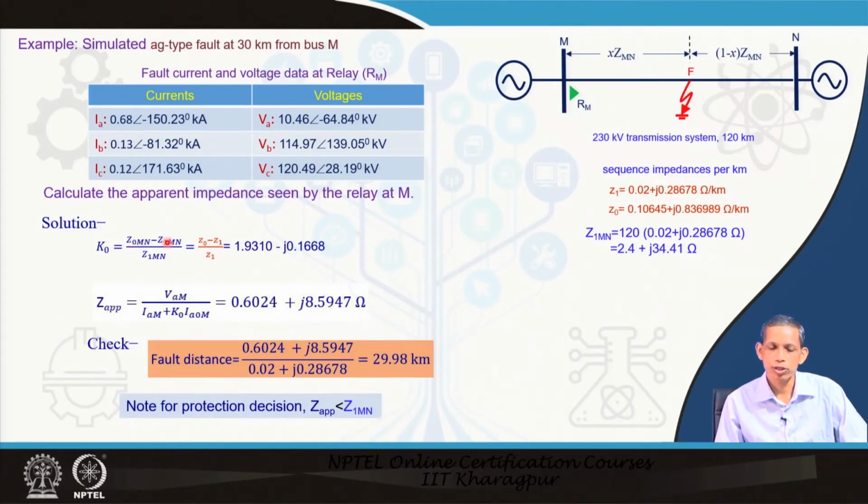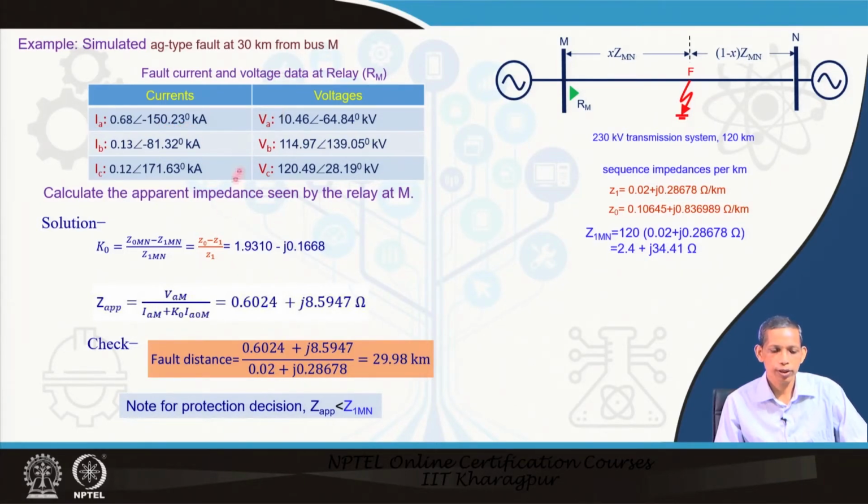Note that if we have the total impedance of the line, zero sequence and positive sequence, we can compute it, or if we have per kilometer impedance, we can compute from that relation also, because the length of the line cancels for this ratio. Now, I will go for the Z apparent using the relation, because this is a line to ground fault in phase A: Vm divided by Im plus K0 Ia0m. I0m is Ia plus Ib plus Ic by 3, and Im is 0.68 with an angle of minus 150.23 degrees kiloampere.